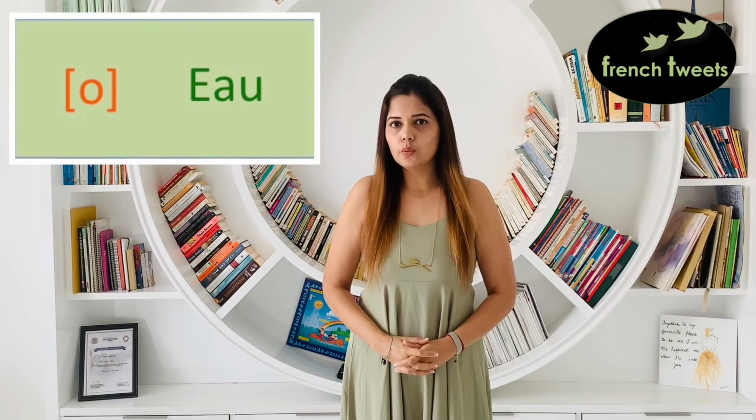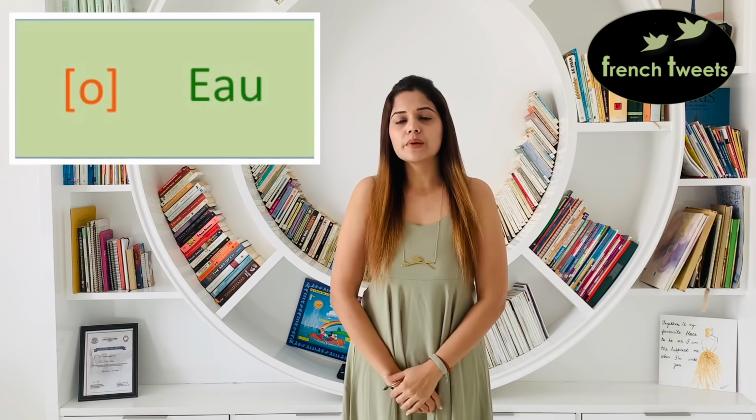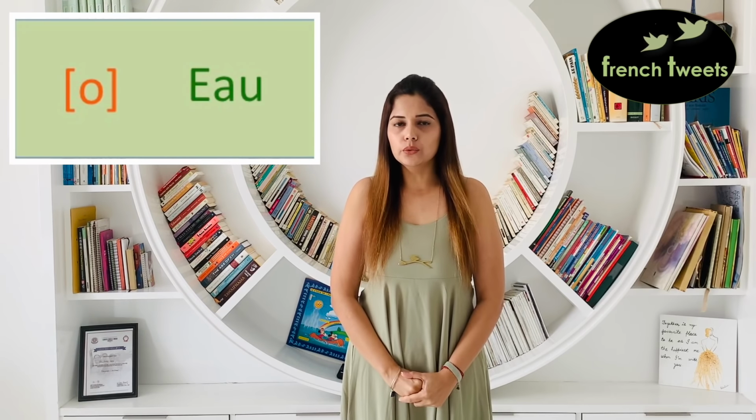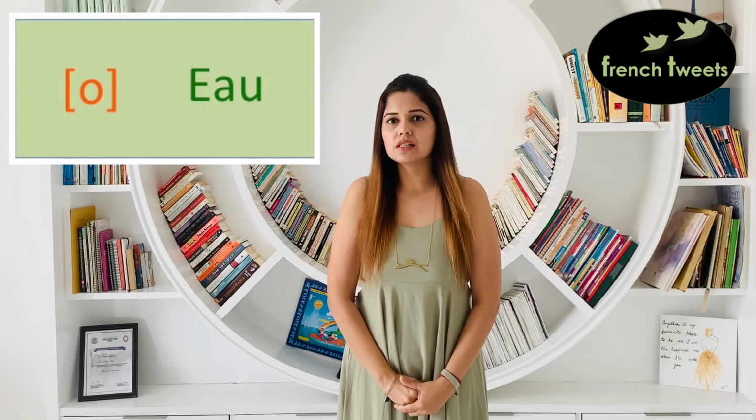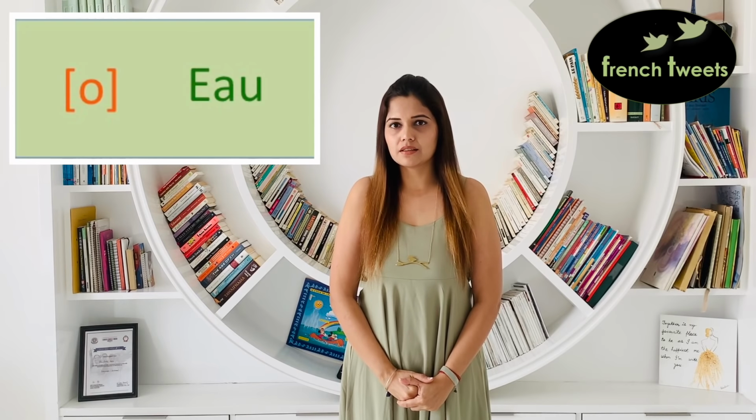Now let me give you an example. Let's take the word "eau." Eau means water in French, spelled E-A-U, and can be transcribed through a single IPA symbol, o, put in brackets. All the symbols are put in brackets.